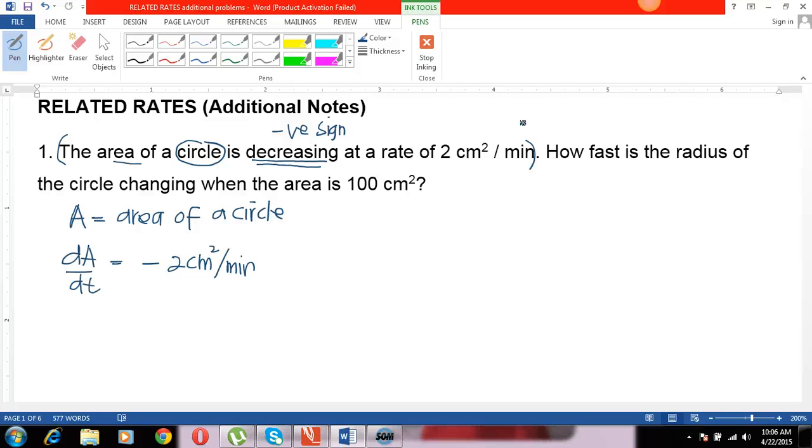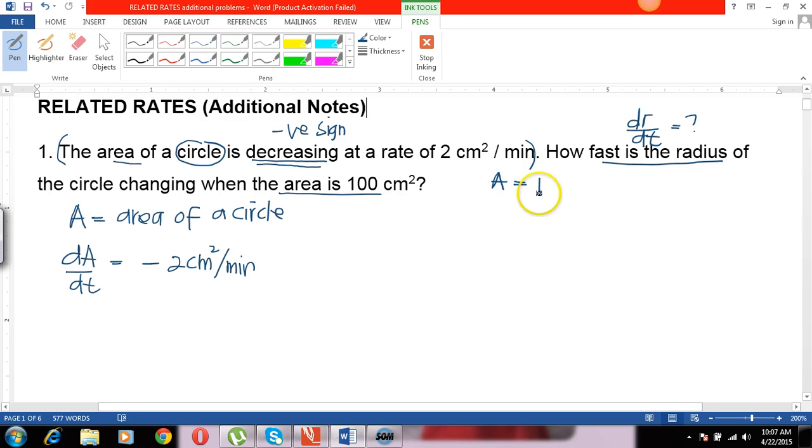Why? Because we have to find how fast the radius of the circle is changing. So they ask you to find dr over dt. The other information given is area equal to 100 cm square.